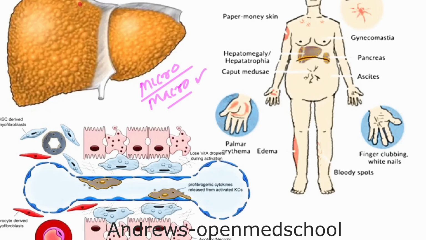So here it shows the transformed myofibroblasts. The Ito cells get transformed into myofibroblasts, and the pro-fibrogenic cytokines are released from activated Kupffer cells when there is damage to the liver occurring.